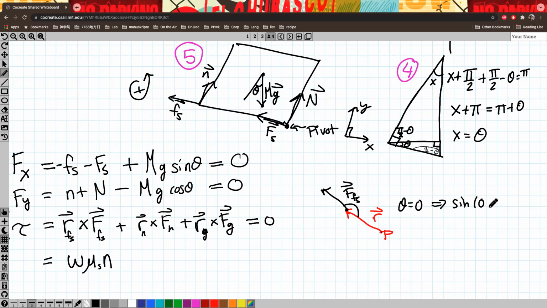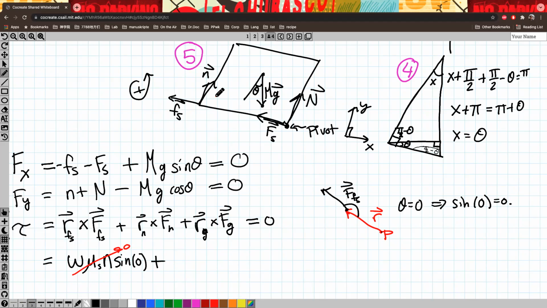So times sine of 0. That one is nothing. The friction there doesn't do any torque. Now we're left with the torque due to the normal force.